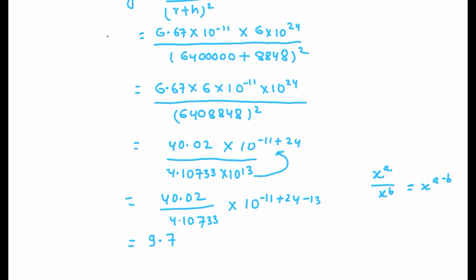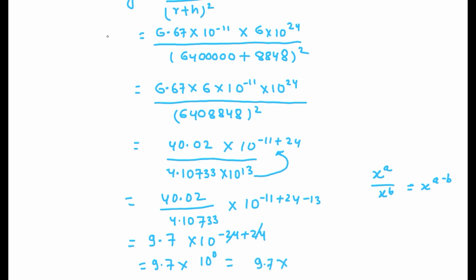9.7, and here 10 to the power, minus 11 plus 24 minus 13, it cancels. 9.7 into 10 to the power 0, so it becomes 9.7 into 10 to the power 0, which means 1.